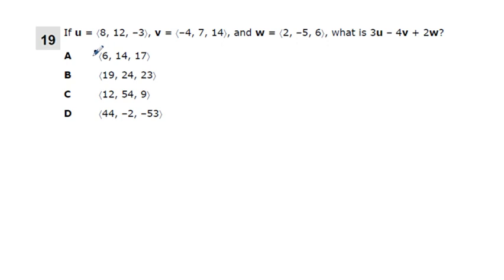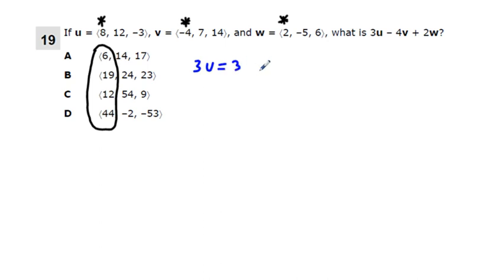And so we want to find 3U. So 3U equals 3 times 8, comma 12, comma -3. And then we're going to say -4V.